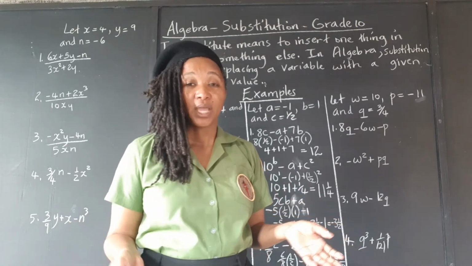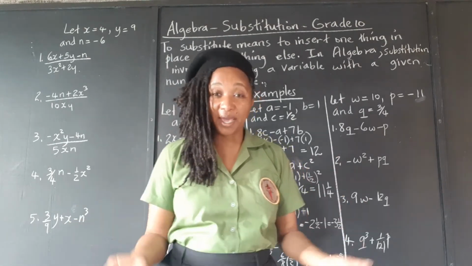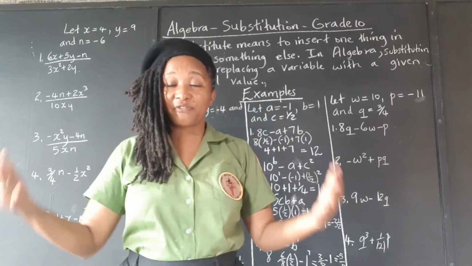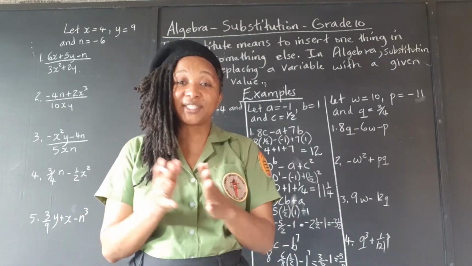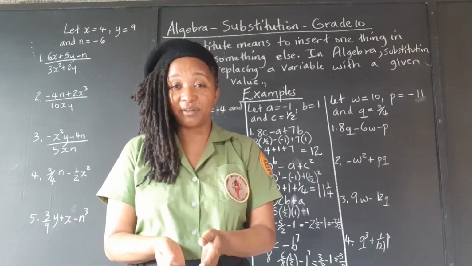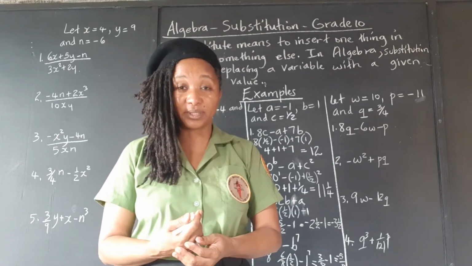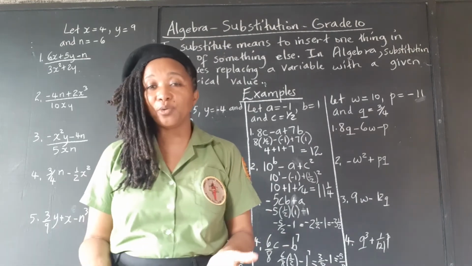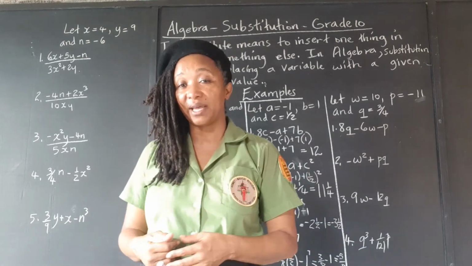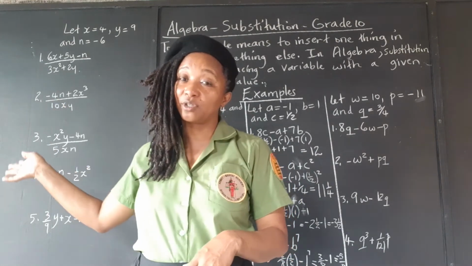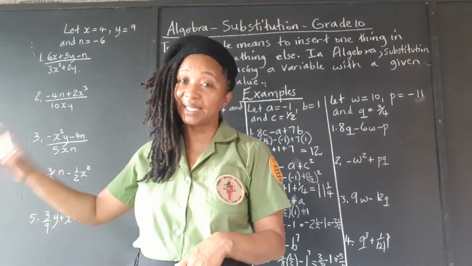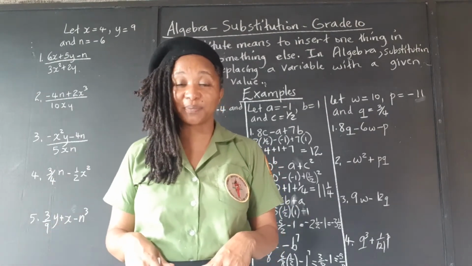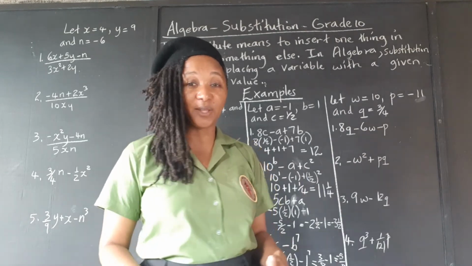No, no, no. In substitution, it's like a game, and every time you finish playing that round, a new set of values are given for the variables. So you have to look out to see what are the new values that we're working with this time. Because if you bring over the old values from the last batch, your answers are going to be wrong because it's a new set of values.